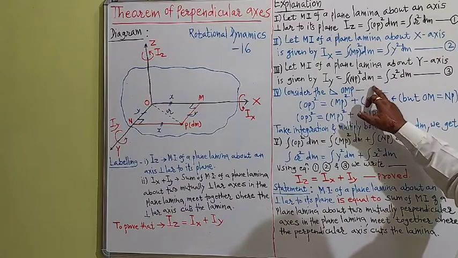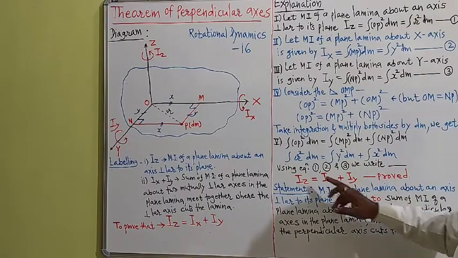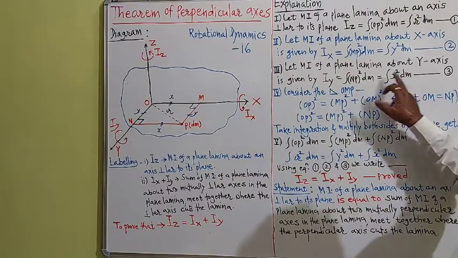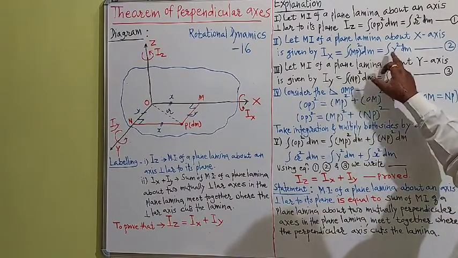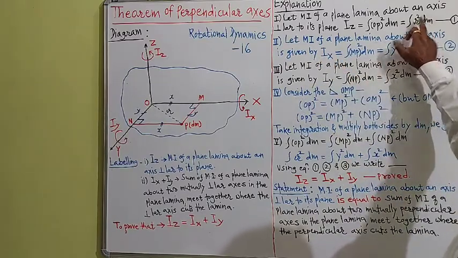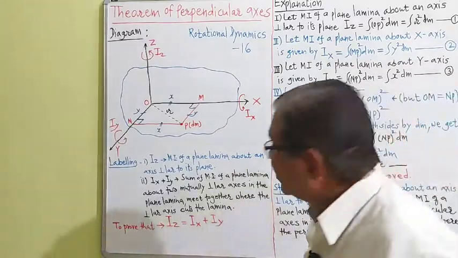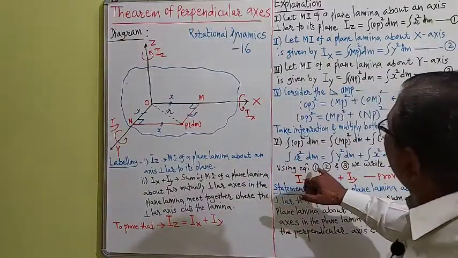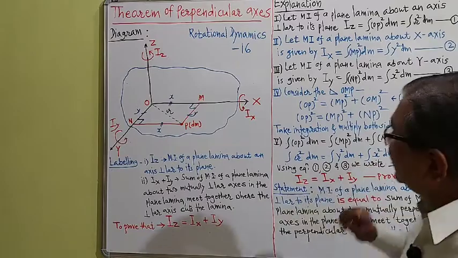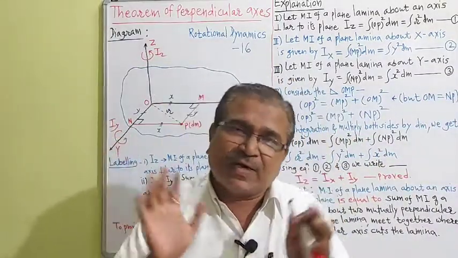Integration of NP square into dm is equal to x square. So this integration of x square into dm is equal to Iy. Integration of y square into dm is equal to Ix. Integration of R square into dm is equal to Iz. So that I have written here, using equations 1, 2 and 3, we write what? Iz is equal to Ix plus Iy.